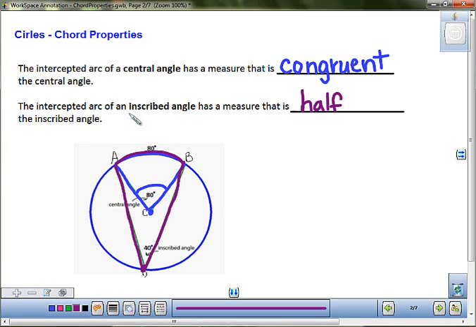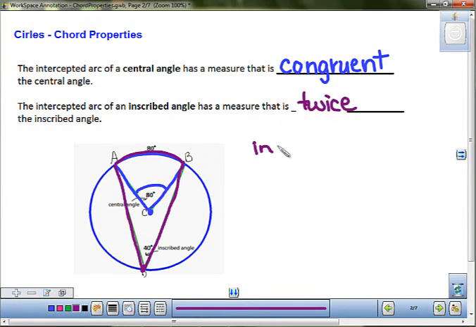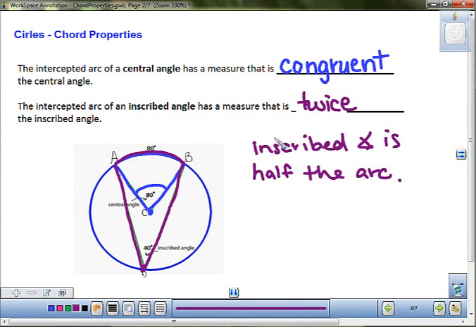The arc has a measure that is twice the inscribed angle. If you worded it the other way, the inscribed angle is half the arc. So you could put it in reverse and instead of twice, it would be half.